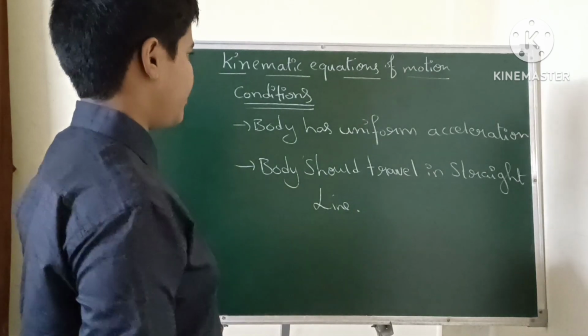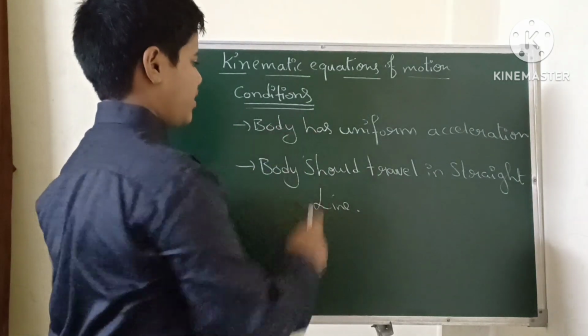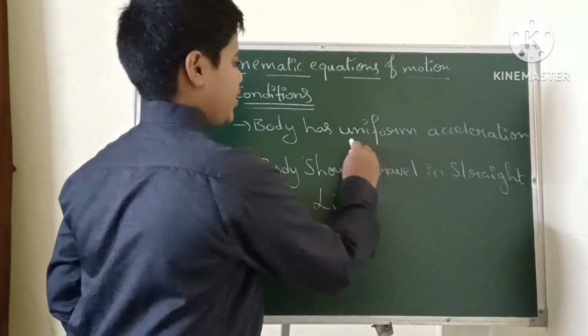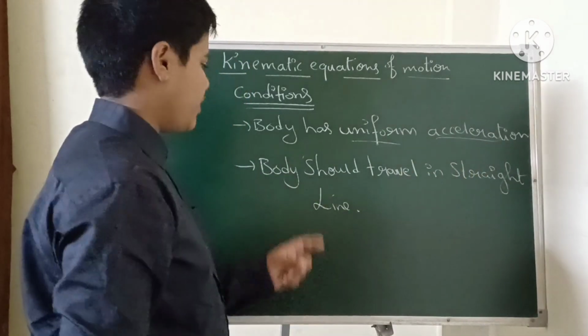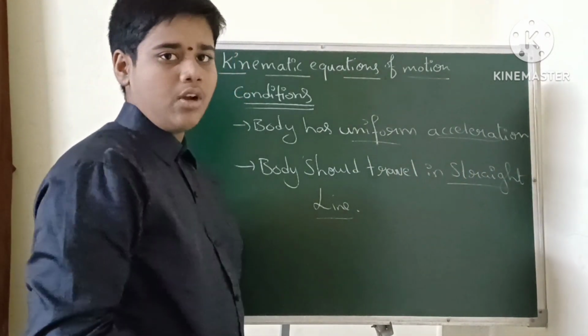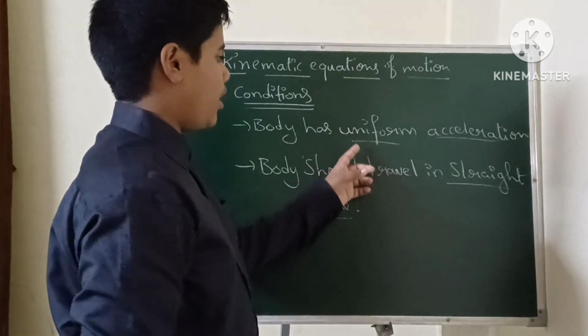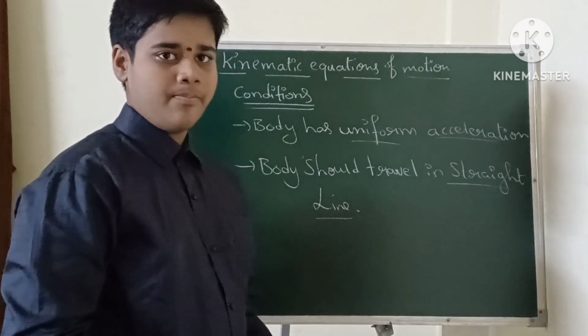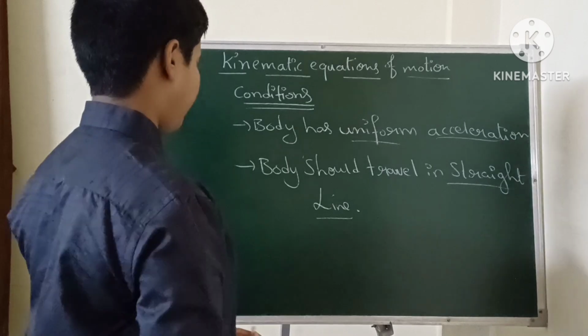So these are the two conditions. So first condition is body should travel with uniform acceleration and body should travel in a straight line, not any curvy paths, and body should have uniform acceleration. Okay, so these are the first two conditions.